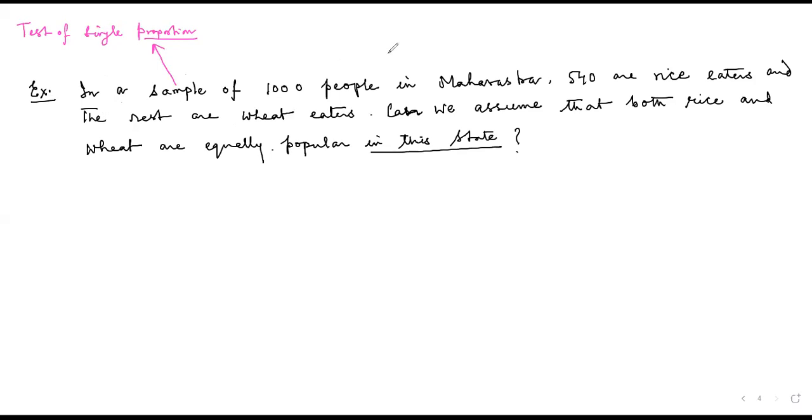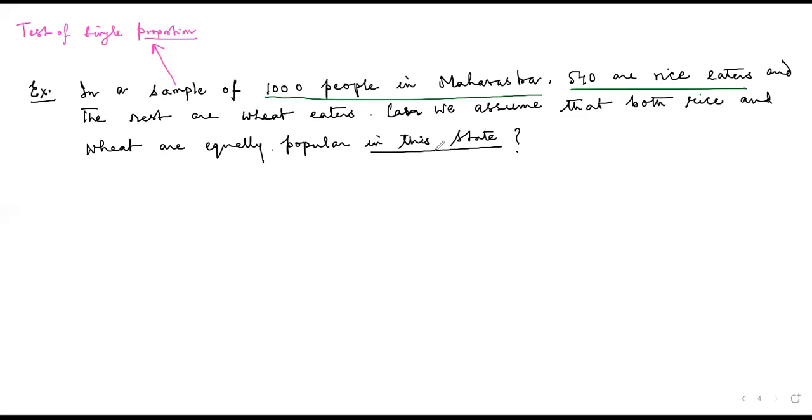In a sample of 1,000 people in Maharashtra, 540 are rice eaters. Obviously this problem is talking about some sort of proportion. It says that the rest are wheat eaters. Immediately after that, it asks whether we can consider the rice eating people and wheat eating people equally popular in the state.